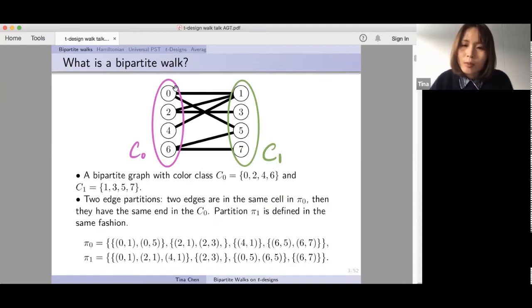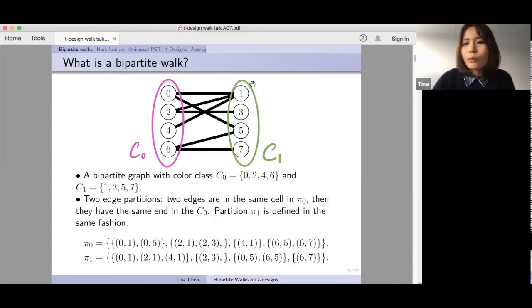In our example here, edges 0,1 and 0,5 will be in the same cell in partition pi 0, and edges 0,1, 2,1, and 4,1 will be in the same cell of partition pi 1. So right now we have two partitions.